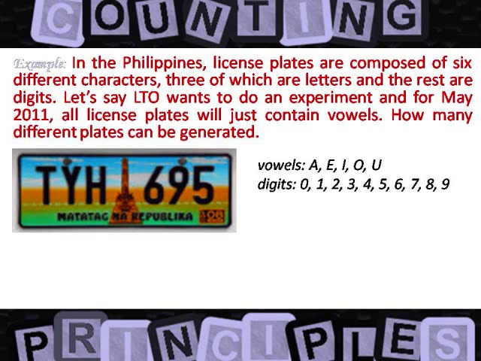For example, vowels are composed of the letters A, E, I, O, U, which are 5 in cardinality. On the other hand, there are 10 digits all in all available for use, from 0 to 9. Just a tip, bars are indeed helpful.